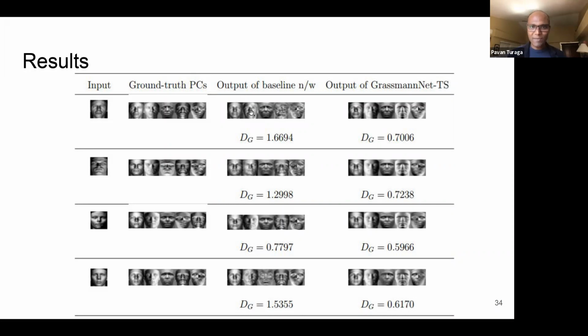And it does something, but then it loses a lot of structure. When you start imposing the Grassmannian constraint on the output, our visual quality of the results clearly goes up. So does our numeric quality, where DG represents the geodesic distance in the Grassmannian to the true illumination subspace. That is also better.